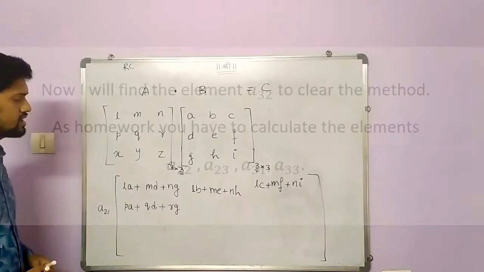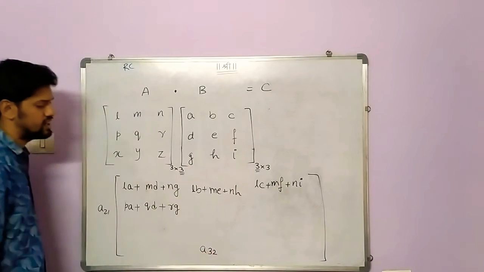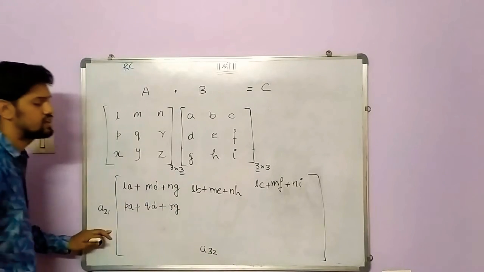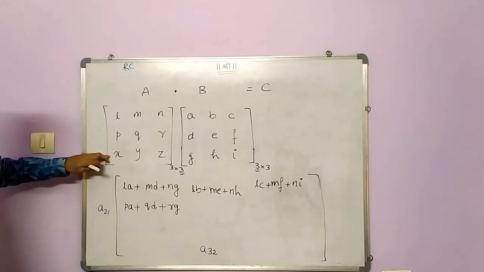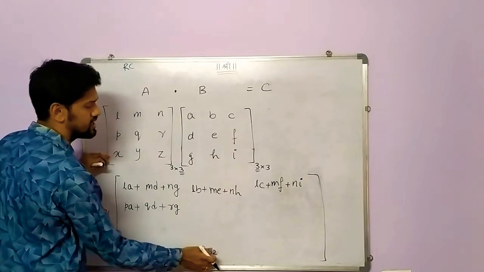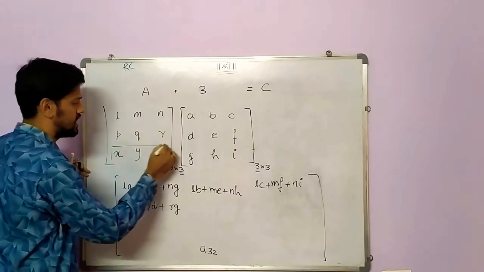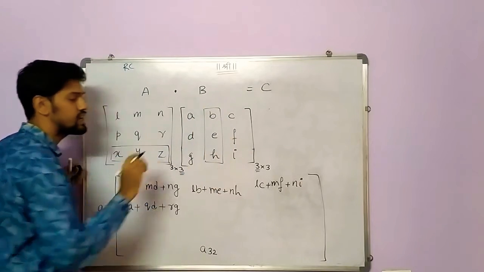Now to get the element A32, that is from the third row and the second column over here, what we will do is from this particular matrix we will take the third row and this matrix we will take the second column and correspondingly we will multiply. I just highlight it so that you get a better picture of what exactly is being carried out.